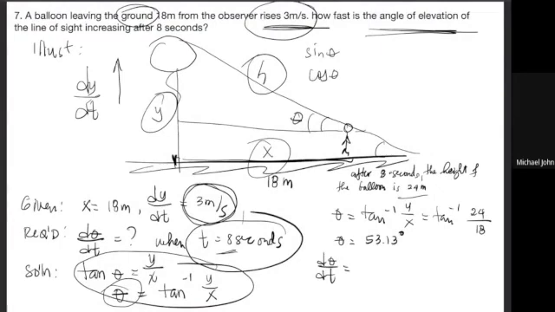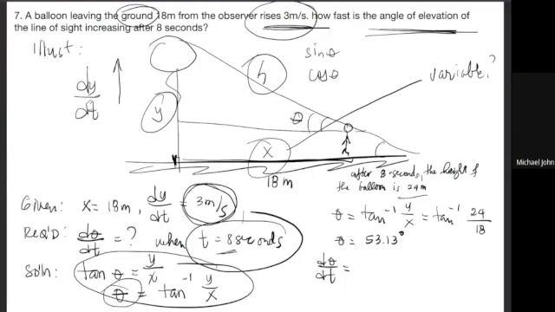So how do we solve that? Is x a variable, class, or is it constant?